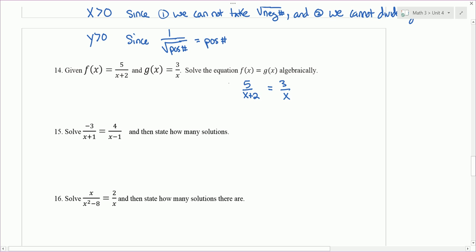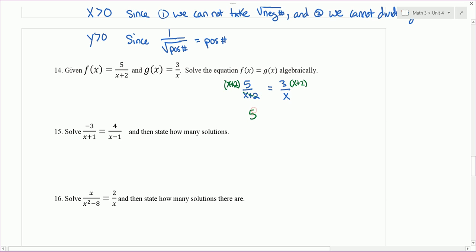If I multiply by x plus 2 and do the same thing to the right hand side, multiply that side by x plus 2. I'm allowed to do that because I have an equal sign, and you're allowed to multiply the same amount to both sides.